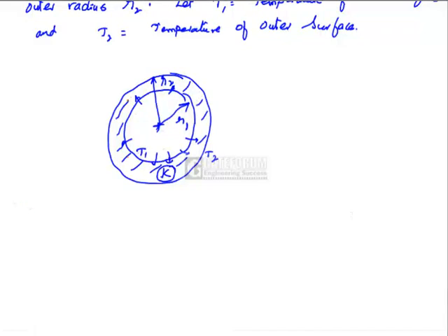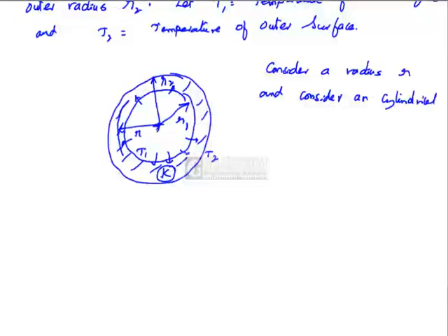If we consider any radius R, consider a cylindrical element at this radius.